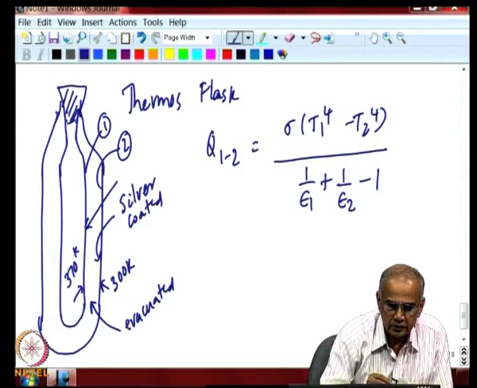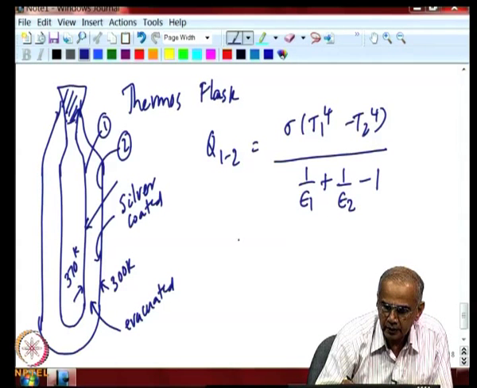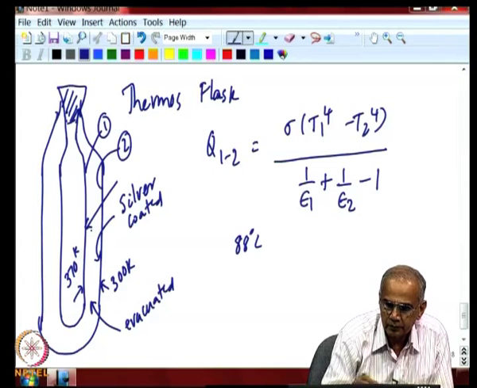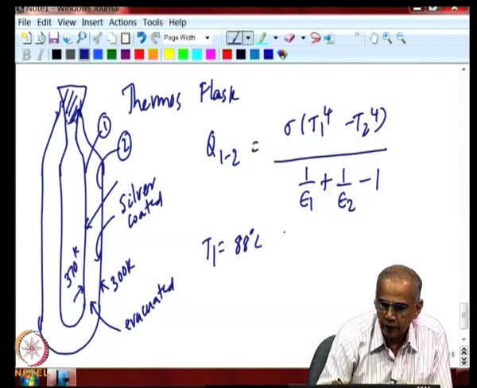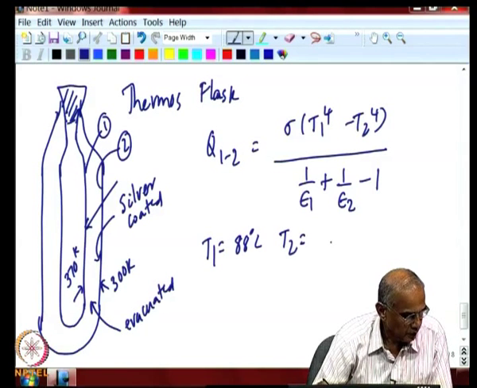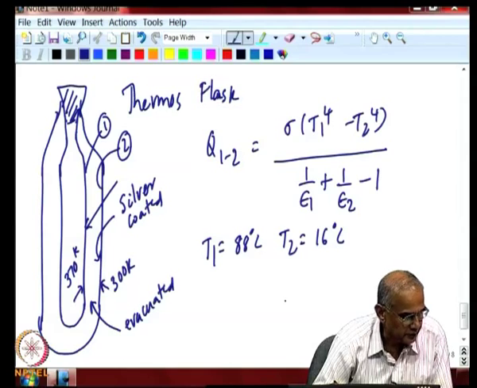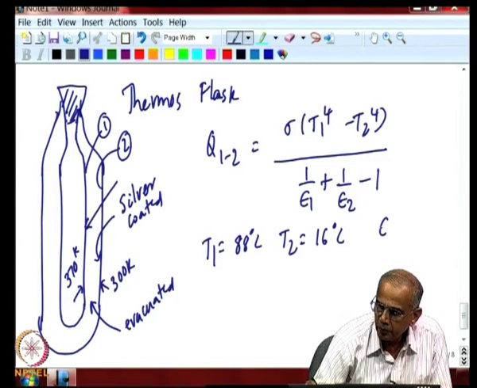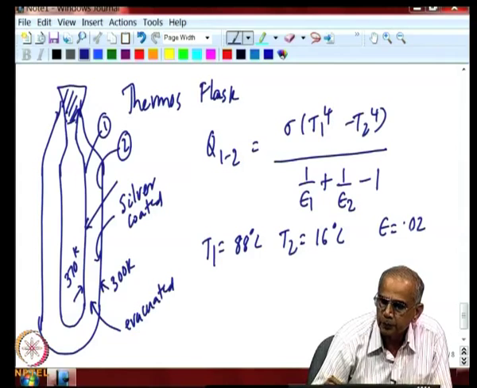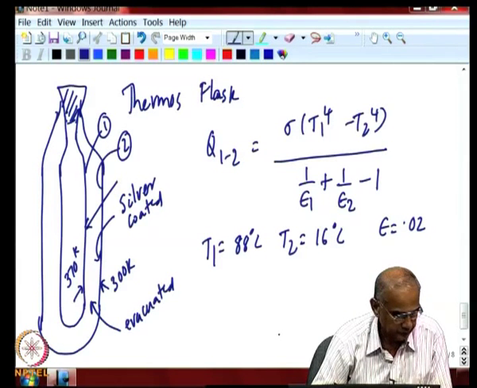Suppose you assume surface 1 is at 88 degrees centigrade, that is the surface 1, okay, and we assume surface 2, which is essentially the ambient, to be on a cold winter day 16 degrees centigrade, and we assume the emissivity of the order of 0.2, which is achievable with silvered surfaces.